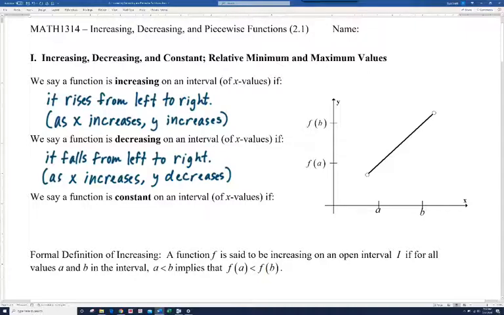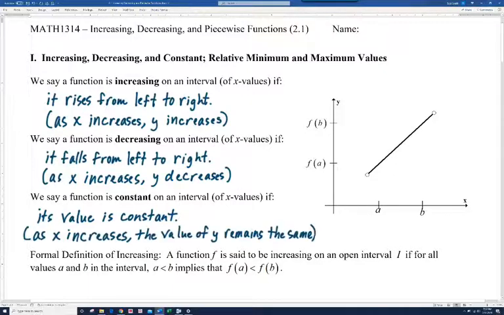And then finally, we say a function is constant on an interval of x values if its value is constant. So no matter what x is, no matter what my input is, my output is always the same. Another way to say that is as x increases, the value of y remains the same.